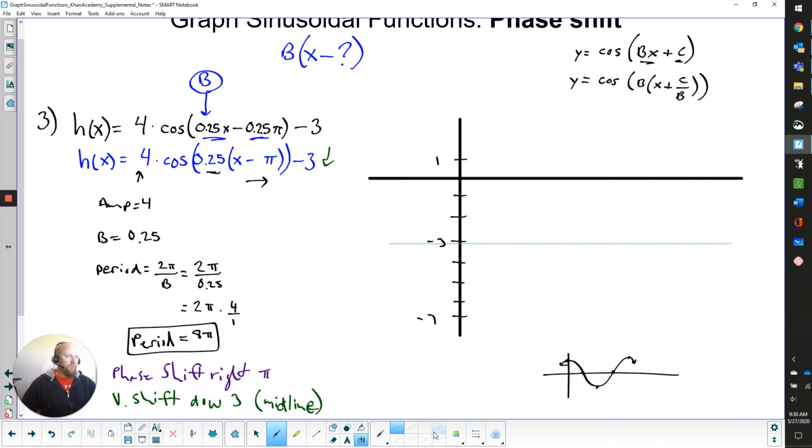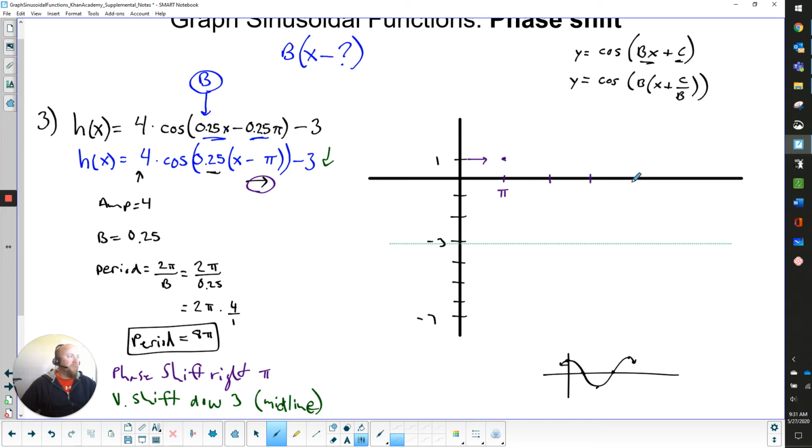So let's take that point that's normally on the y-axis and shift it over.